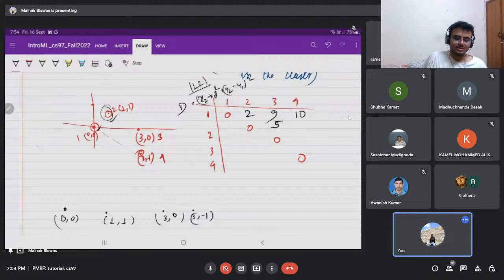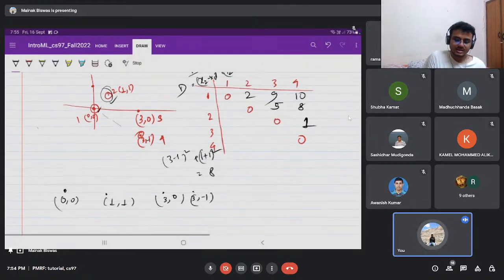Between 2 and 4, that is 2 square plus 2 square, 8, right? And between 3 and 4, that is just 1, you can clearly see.